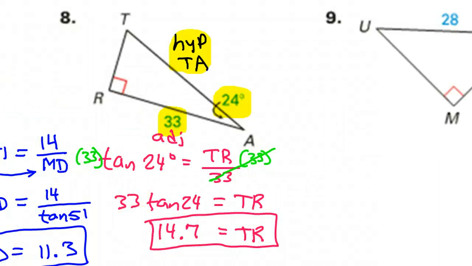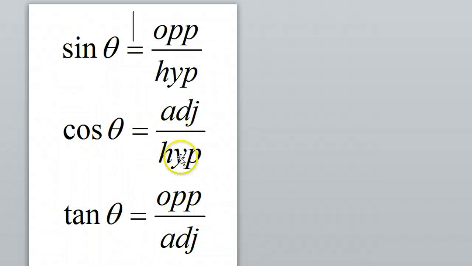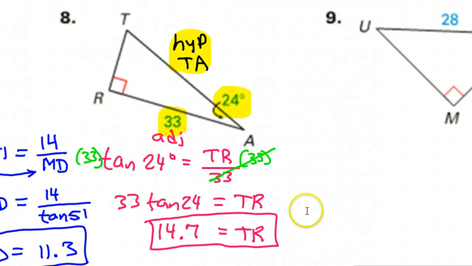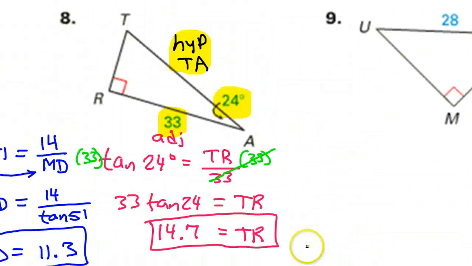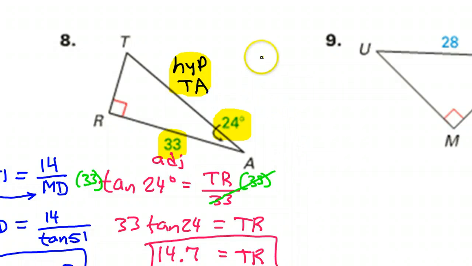Adjacent leg, hypotenuse, that's the cosine function. So that's what we're going to do. So we'll do the cosine of 24 degrees is adjacent leg over hypotenuse, so 33 over TA.